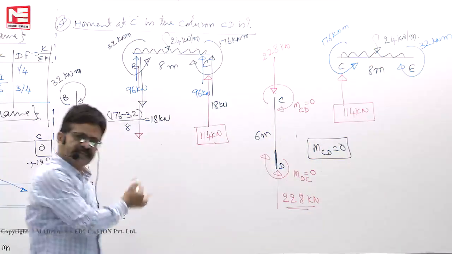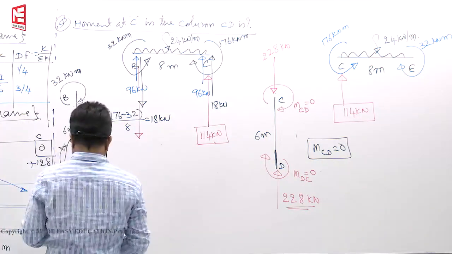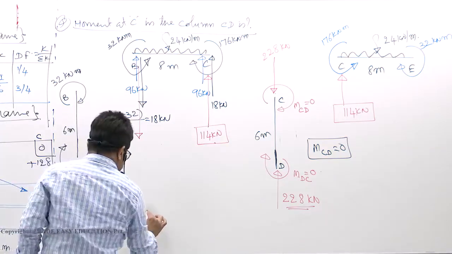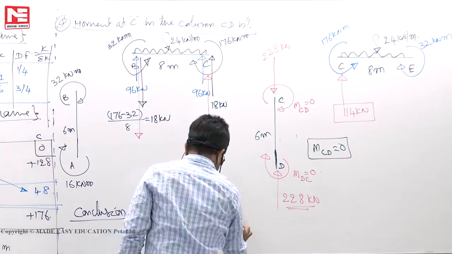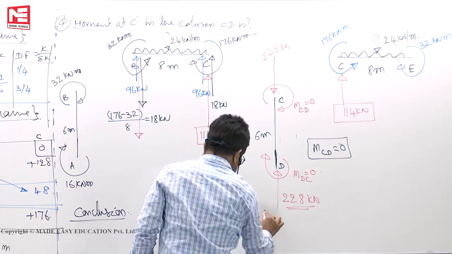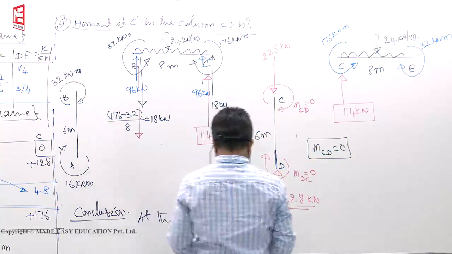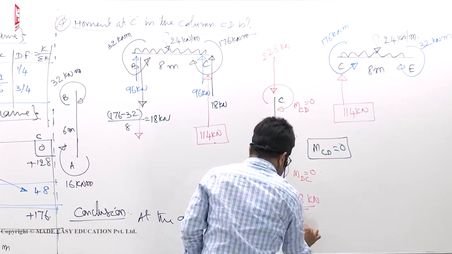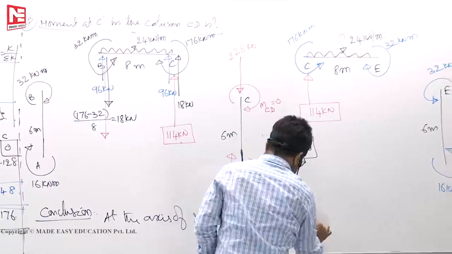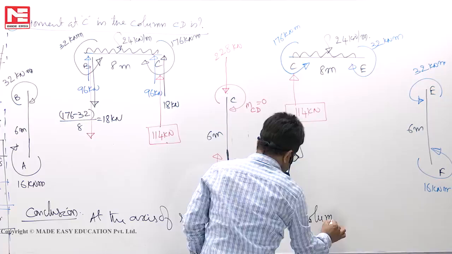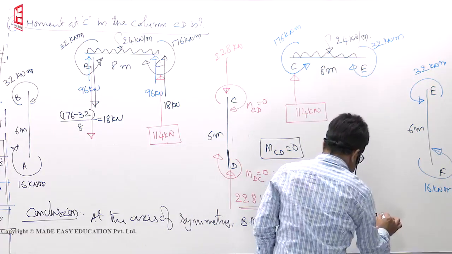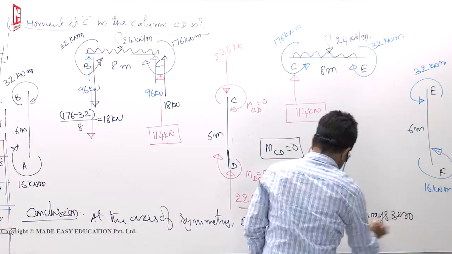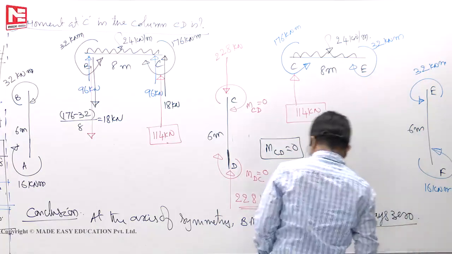Then we will write it as a generalized thing. At the axis of symmetry, bending moment in the column is always 0. Always 0.